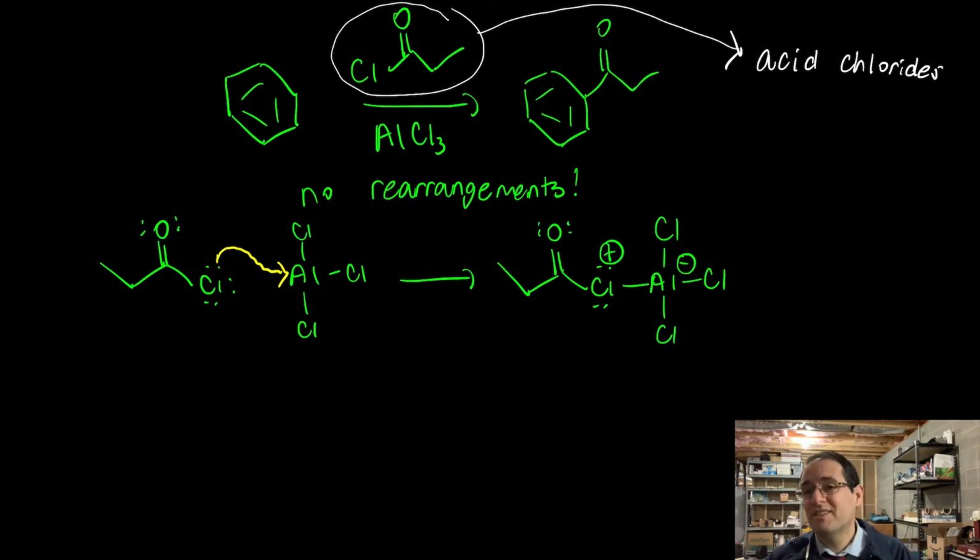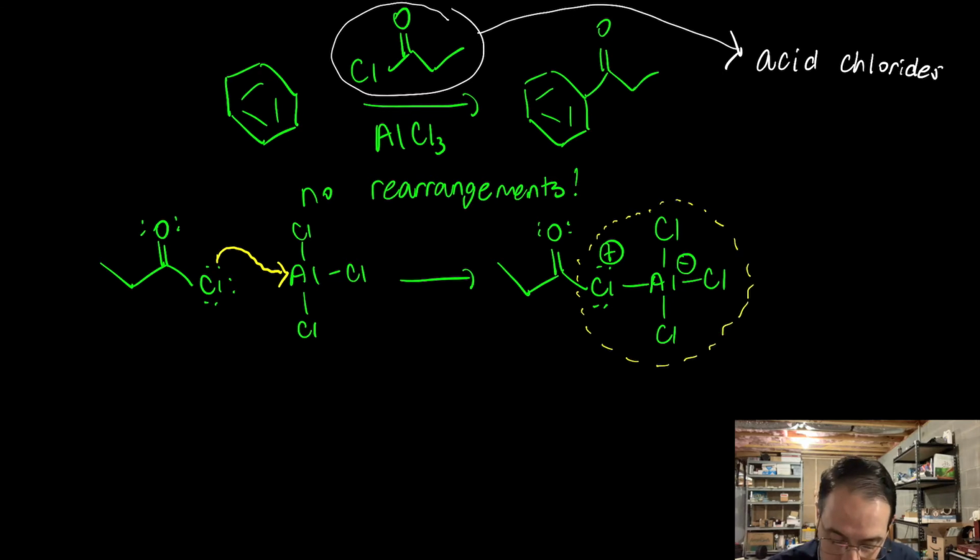And what we do here is we immediately kick off the leaving group. The leaving group here is highlighted in yellow. Okay, and so we want to use these lone pairs on oxygen, and we want to kick off the chlorine.